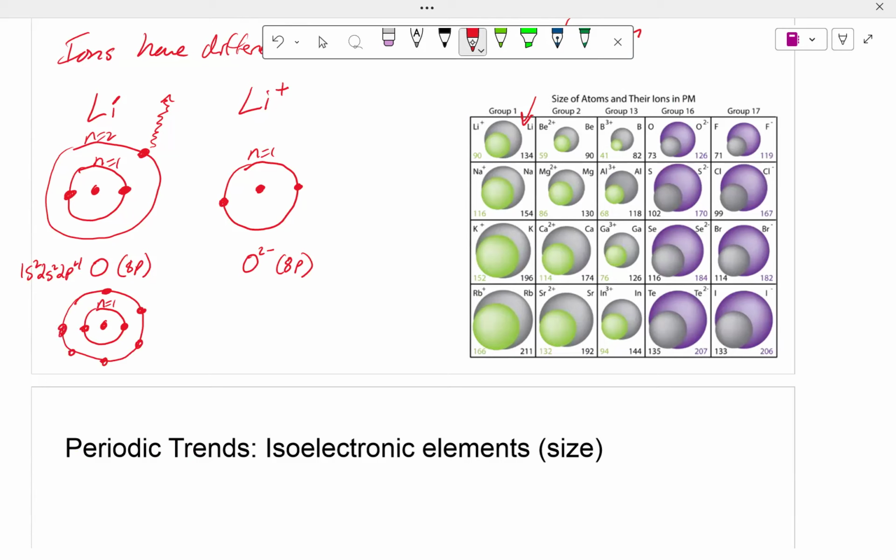Now, again, oxygen wants to be like a noble gas. So if it were to gain electrons, it would gain 2 more so that it would have a full valence shell.